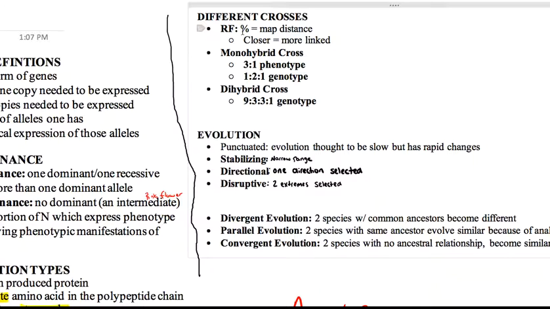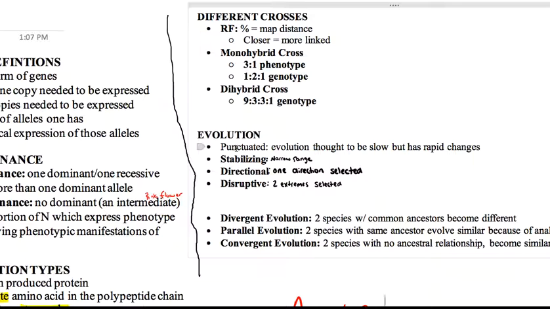This is a heterozygote times a heterozygote. There's a 3-to-1 phenotype and a 1-to-2-to-1 genotype, 2 meaning the heterozygote genotype. A dihybrid cross will yield a 9-to-3-to-3-to-1 phenotypic ratio. Very classical is Mendel's pea plants, color and shriveled peas.